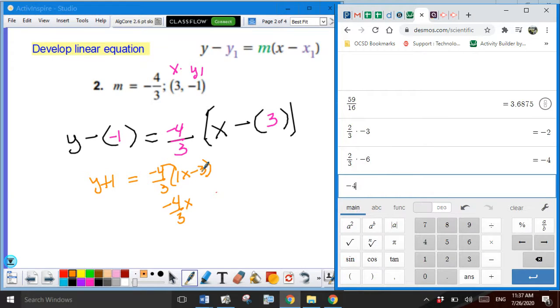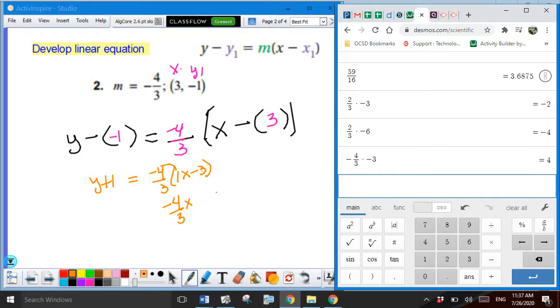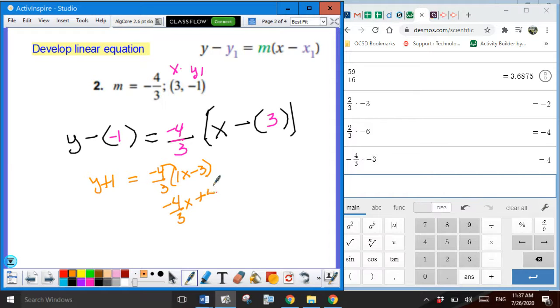So negative 4 divided by 3, times negative 3 gives me 4. So that's a positive 4 with that second multiplication. Y plus 1 minus 1 minus 1. Y equals negative 4/3 x plus 3. And I'm done. There is my answer in slope-intercept form.